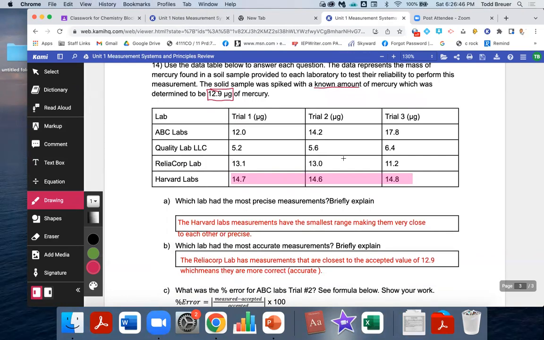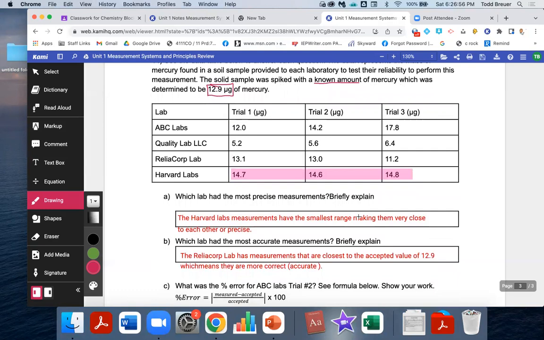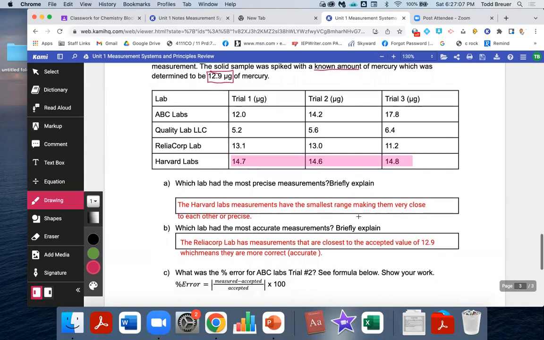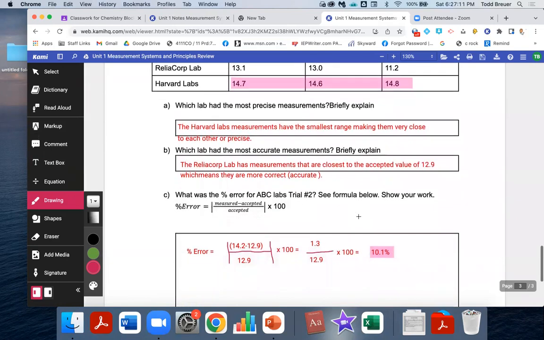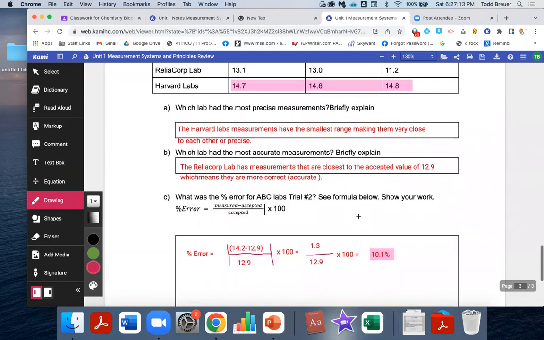Well, because ReliaCorp has multiple examples close to 12.9, 13.1, 13.0, 11.2, ReliaCorp lab is significantly more accurate, not quite as precise as Harvard labs, but it's closer to the accepted value, making it more accurate.